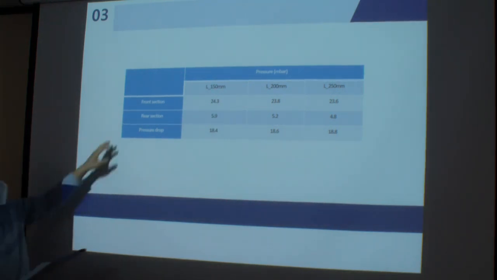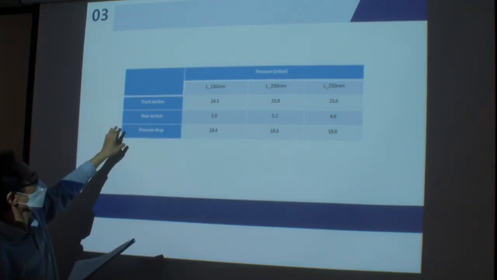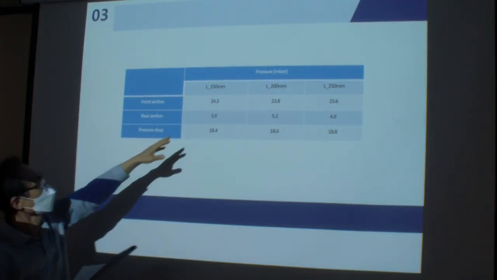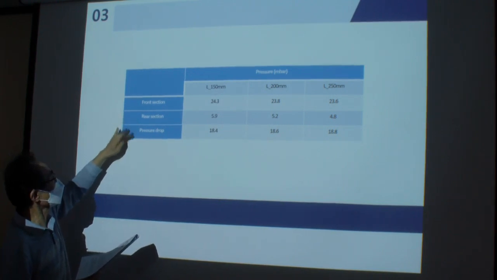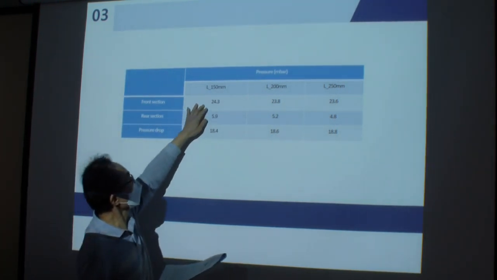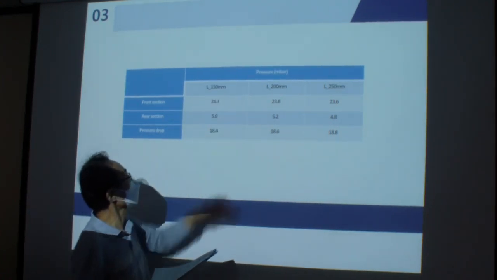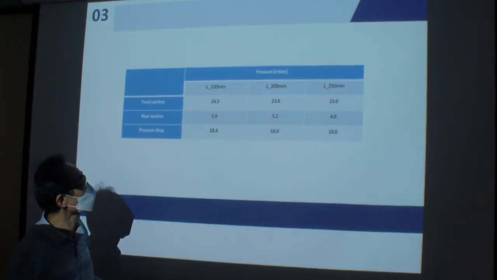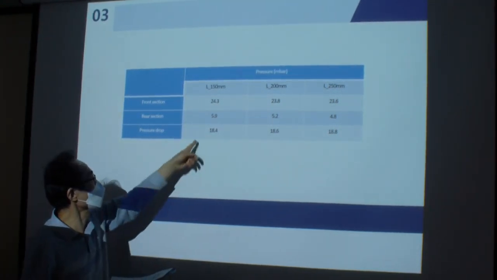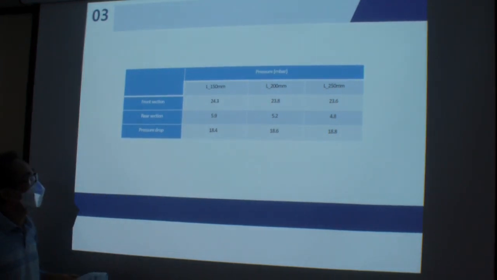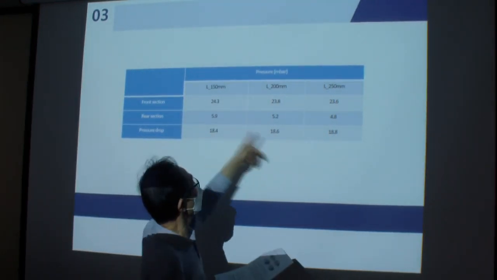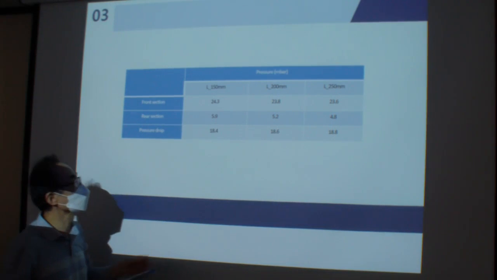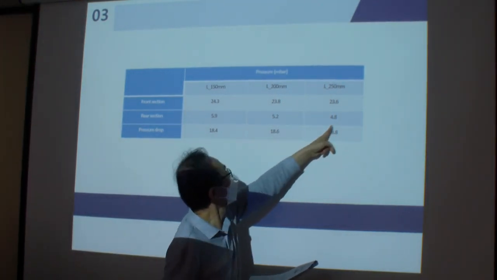According to the previous one, this is the front and rear pressure and the pressure drop. So the front is 65 for this case, where the length is 20 millimeters, in millibar, and the drop is 18.4. And then we increased the length up to 250 millimeters, and the pressure increased a little bit.